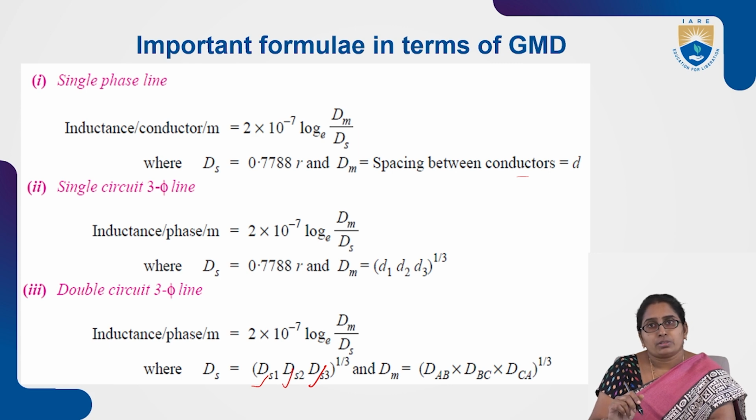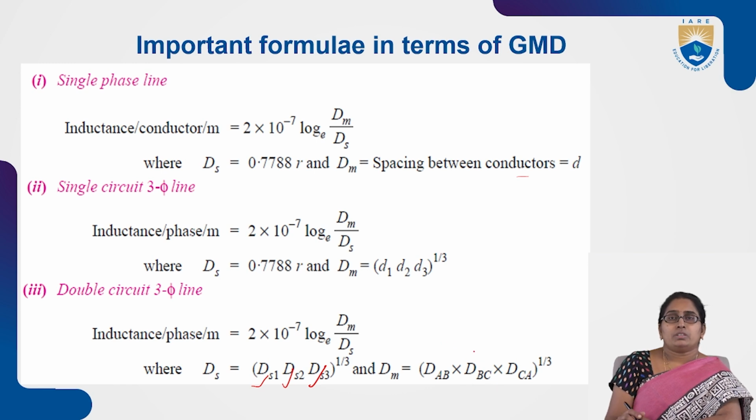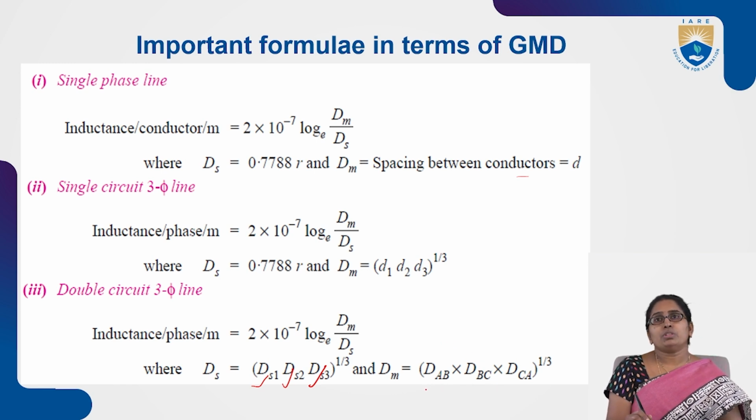So it is the cube root of DAB into DBC into DCA, where DAB is the mutual GMD of phase A, then B phase, C phase.